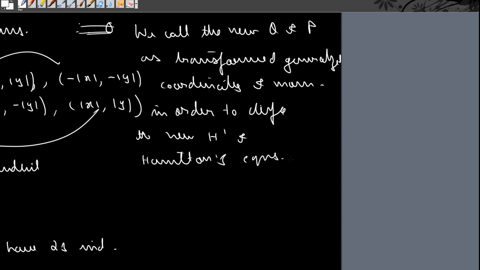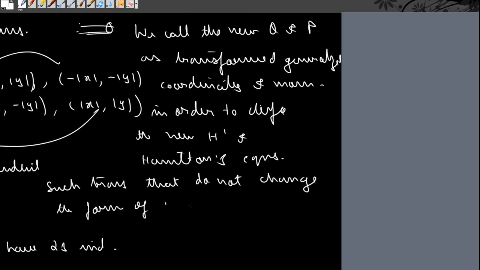Such transformations that do not change the form of Hamilton's equations are called canonical transformations.